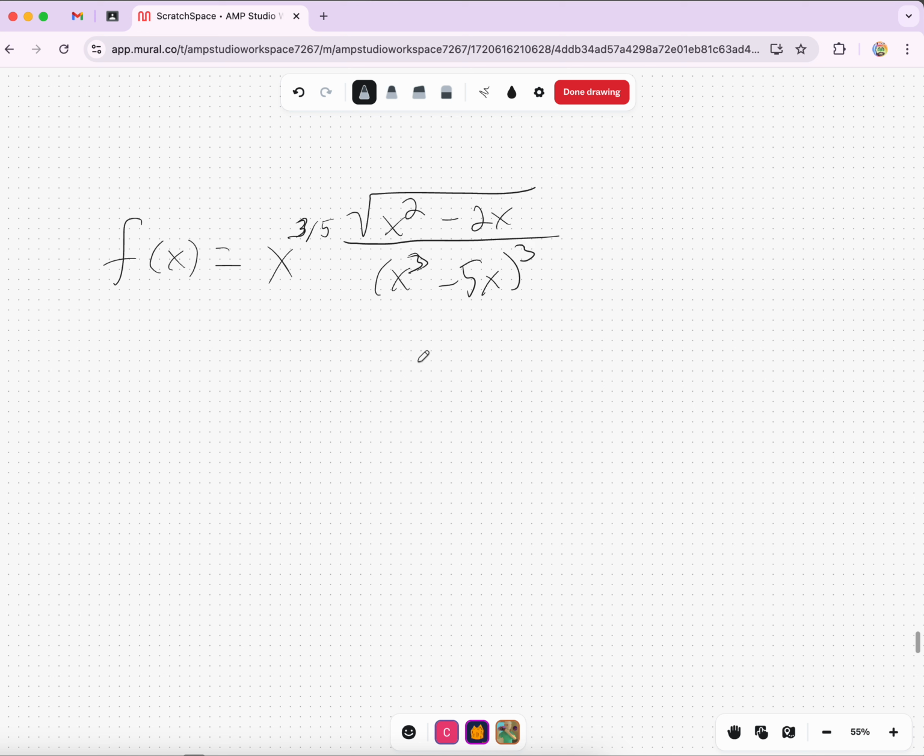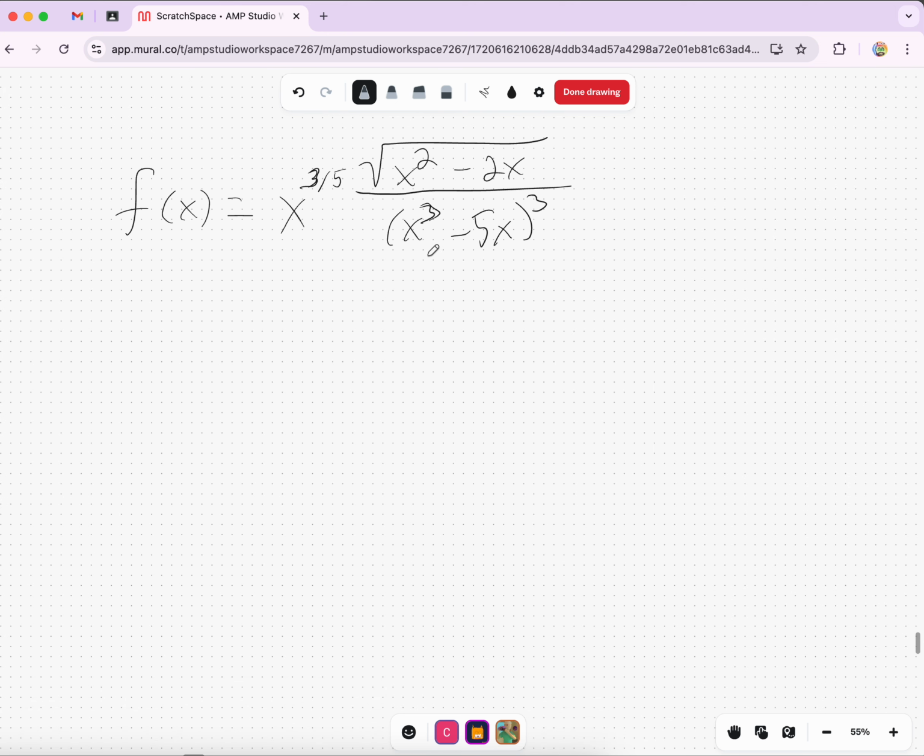Okay, wow, right? We could use the product rule, the quotient rule, and the chain rule to solve this, and it would take us probably a week. Or we could use log differentiation.